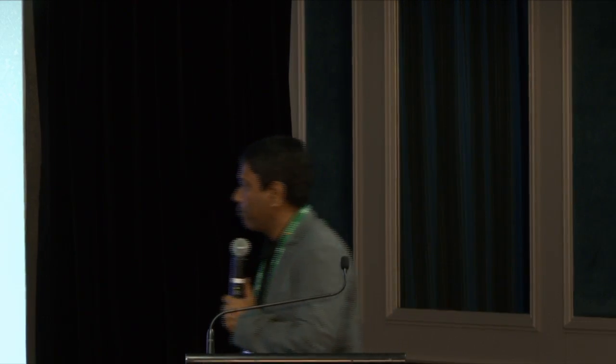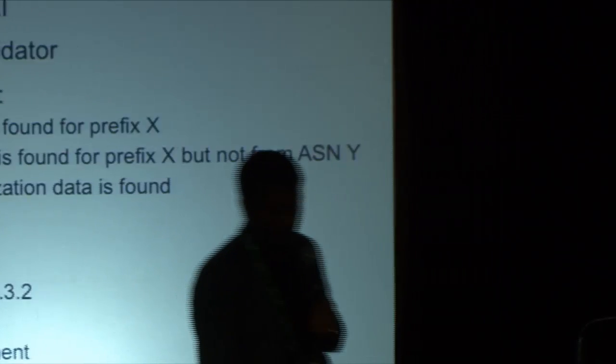So these RPKI supports are available on those vendor products so far: Cisco IOS image 15.2 supports it, XR 4.3, Juniper shipping from 12.2, and other vendors are still developing it.